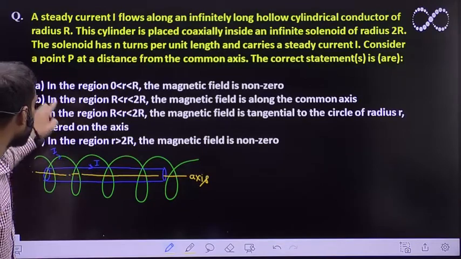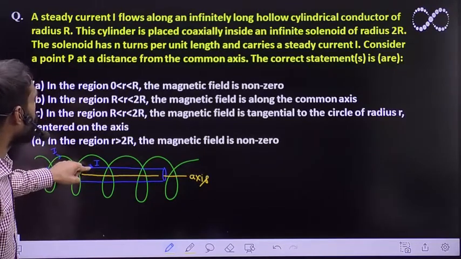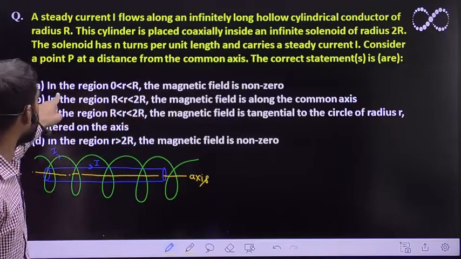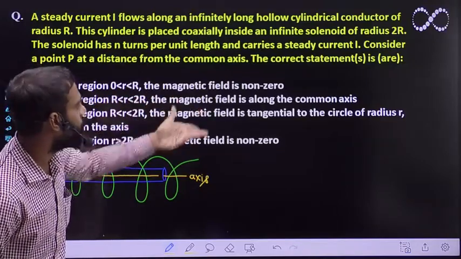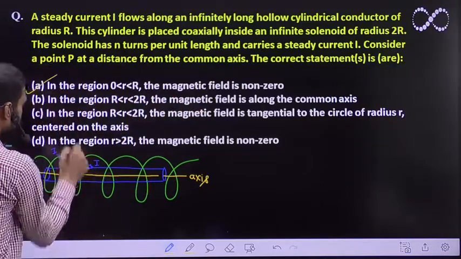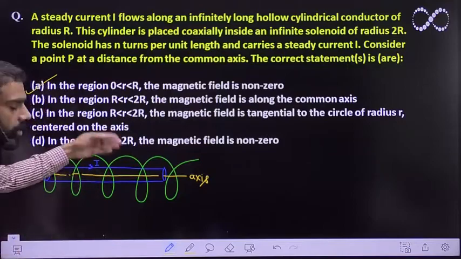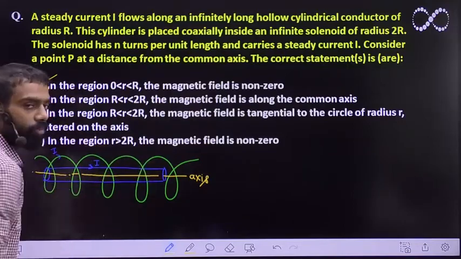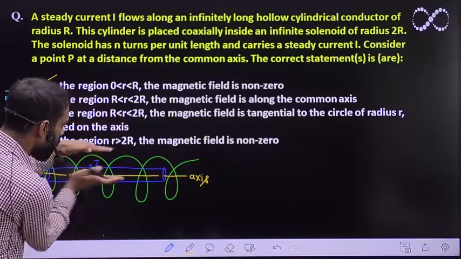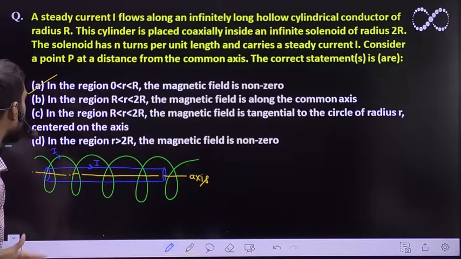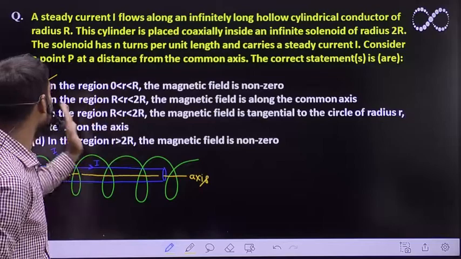So for option A there will be some field, and it says that in the region from 0 to R the magnetic field is non-zero. So option A is correct, because in this region you will get the magnetic field due to the solenoid, which is mu naught n I, but due to the cylinder you won't get any field. Overall there will be some field here, so option A is correct.